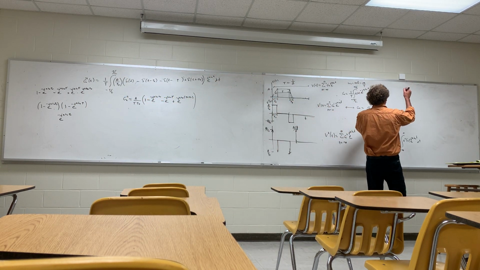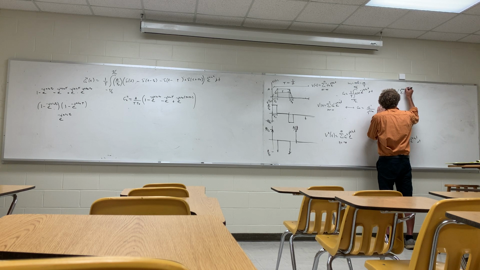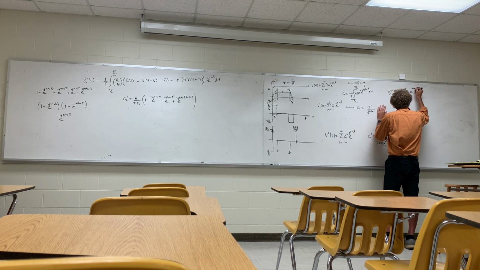I'm going to pull out an e to the minus j n omega naught tau rise over 2. And then I get e to the plus j n omega naught tau rise over 2 minus e to the minus j n omega naught tau rise over 2.